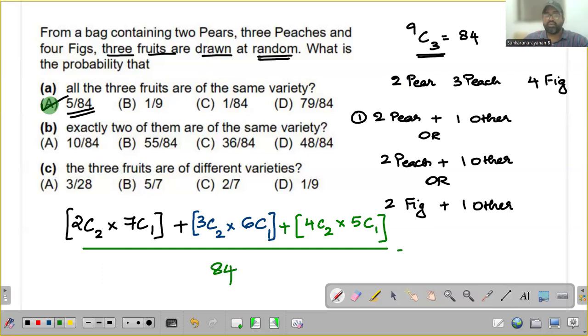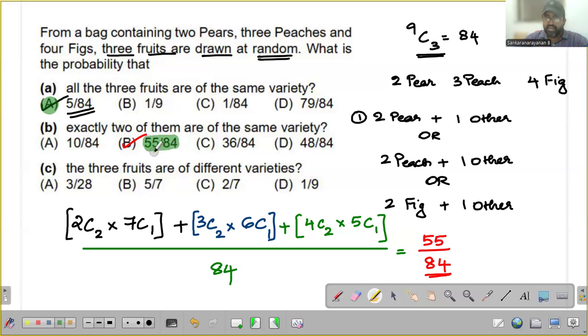When you are simplifying this, 2C2 into 7C1 plus 3C2 into 6C1, plus 4C2 into 5C1, my answer will come as 55 out of 84. Looking at the options, option B reads 55 by 84. And for this set of questions, option B is going to be my answer choice.